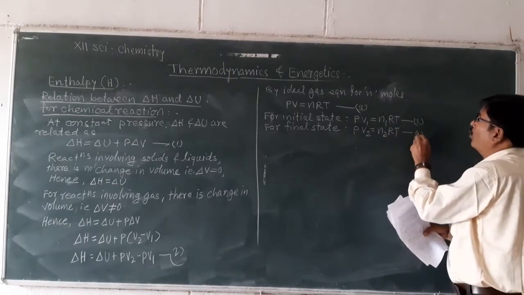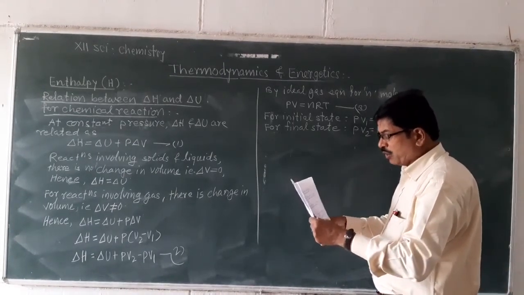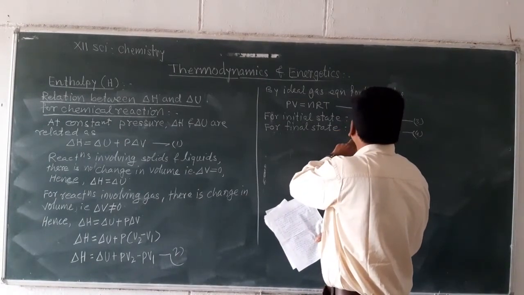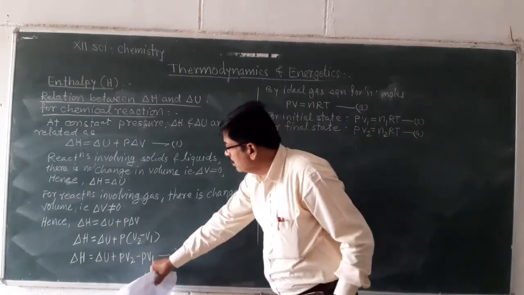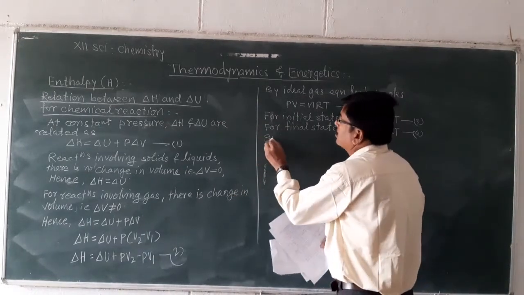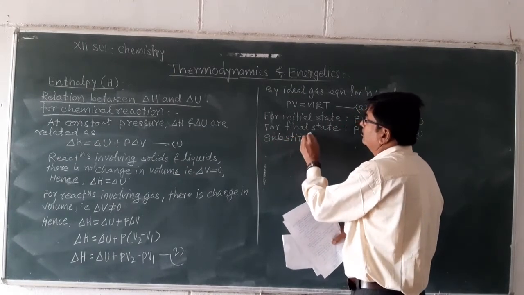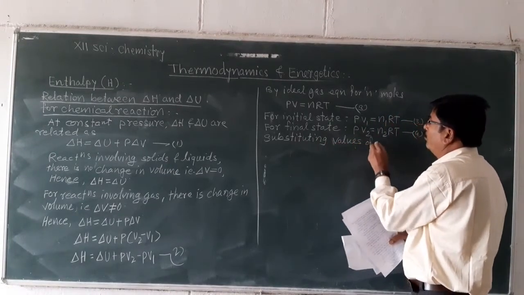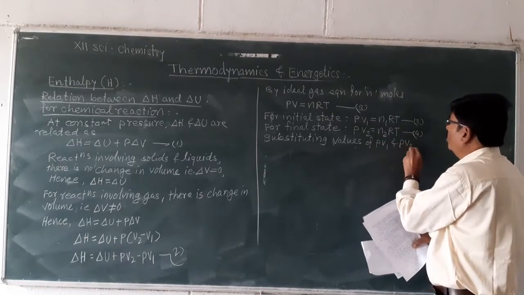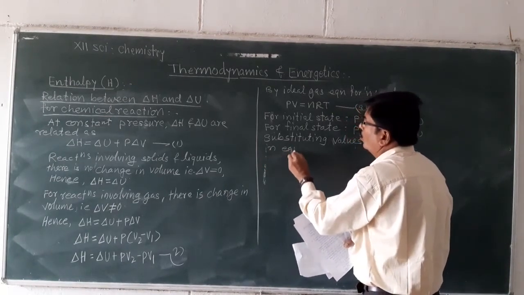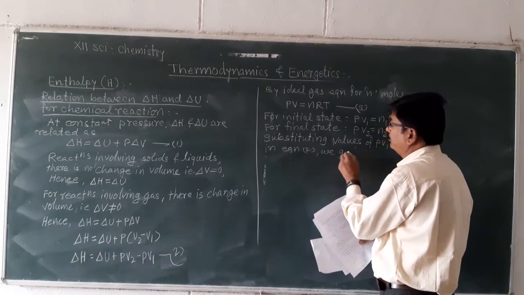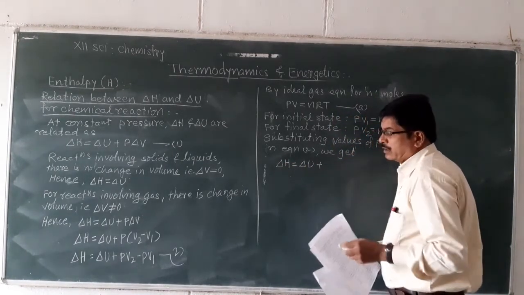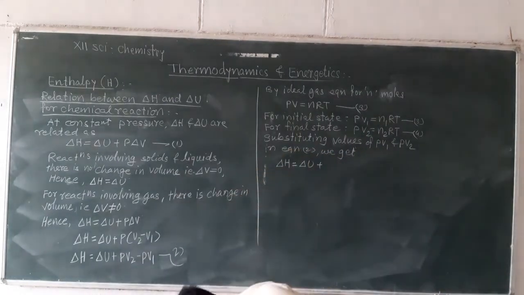Equation 4. Now, if you substitute the values of PV1 and PV2 in equation 2, we get delta H is equal to delta U plus, what is PV2?